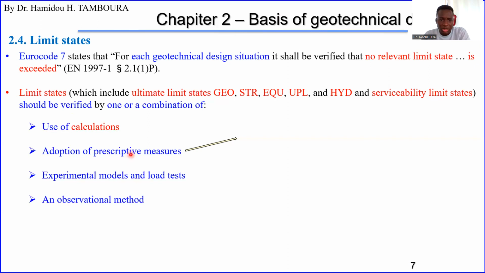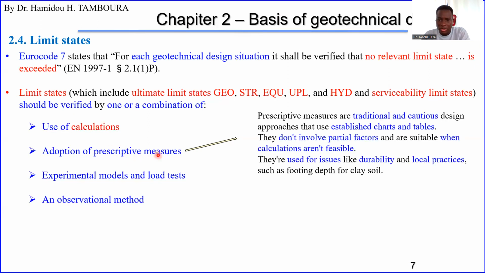So this one, the prescribed measure, adoption of this prescribed measure. You know that prescribed or prescriptive measures are just traditional and cautious design approaches that are established, using established charts and tables. They are not actually using any partial factor, and they are used mainly when there is no possibility to do calculation.